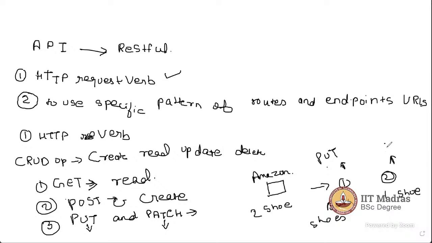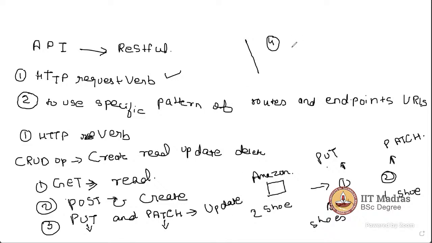So in PATCH, we only update those pieces of the resource that need to be updated, but in PUT, we update the whole resource. This is the major difference between PUT and PATCH. So this is the third, let me write here, the fourth. This is for updation.